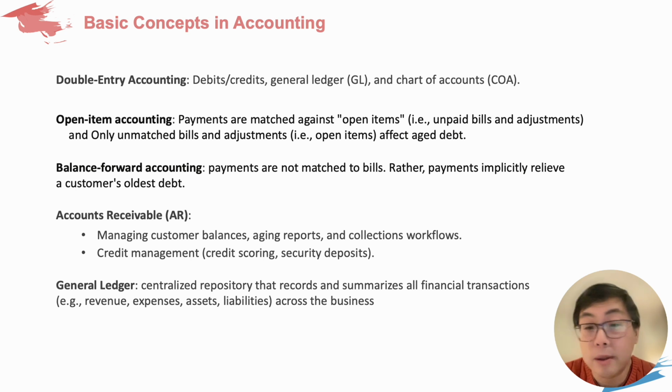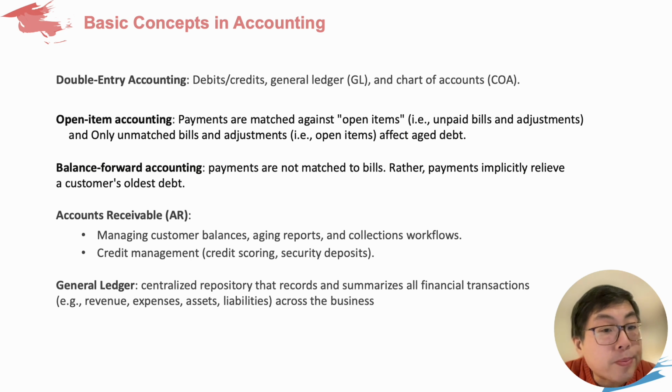Sometimes it's £150, sometimes it's £65. But that doesn't actually matter because when the match is done, it is matched with the oldest debt, which is indicated by the oldest financial transaction. Could be a bill, could be an adjustment, but it doesn't have to be matched exactly to a bill like the open item has done.